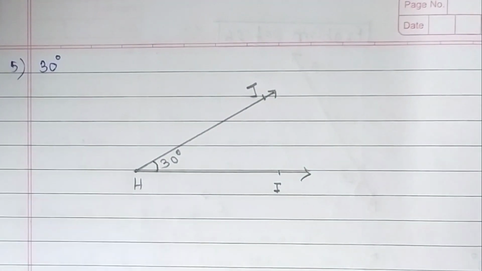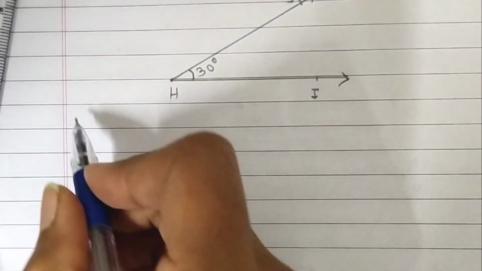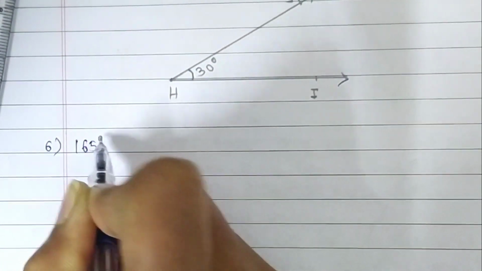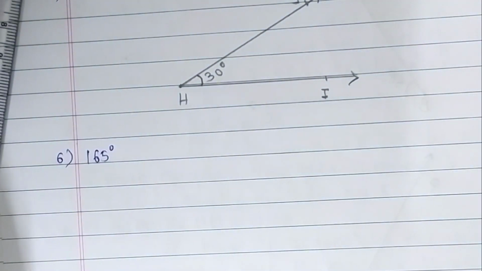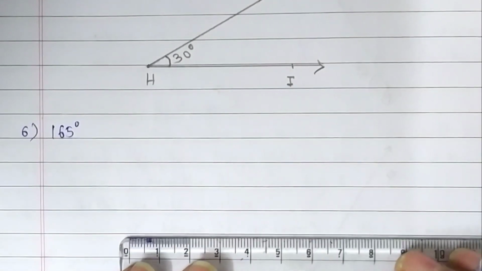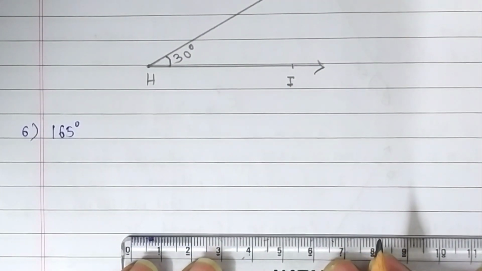Now the next question is 165 degree. Sixth question. Let's draw here an arm.